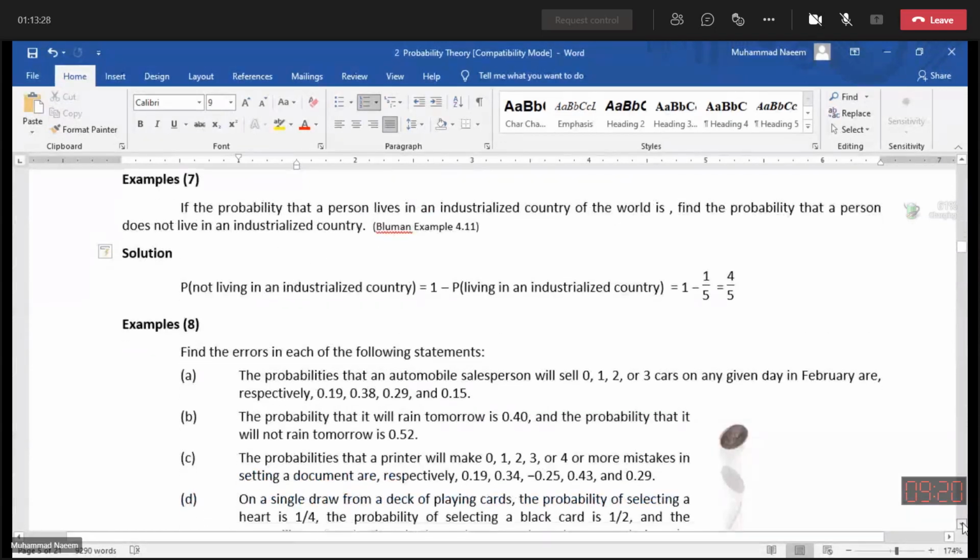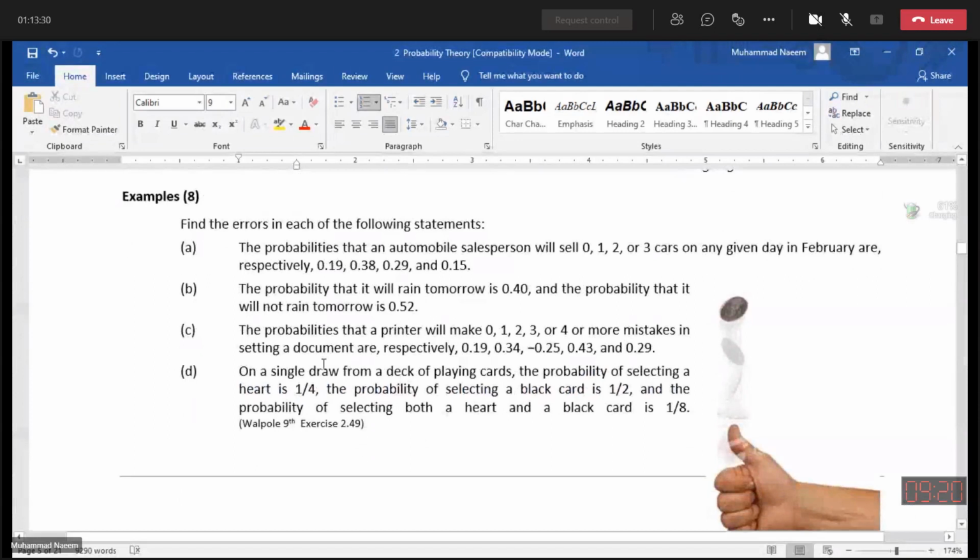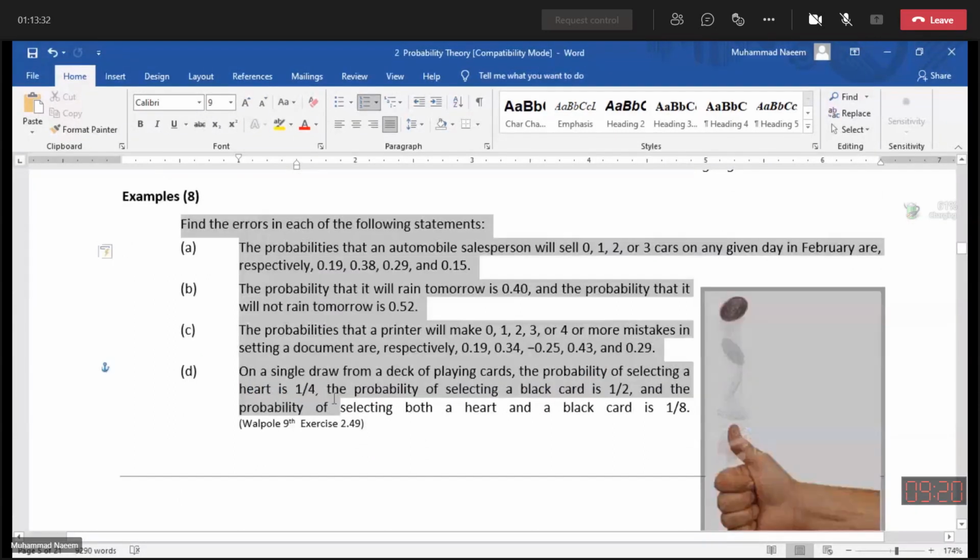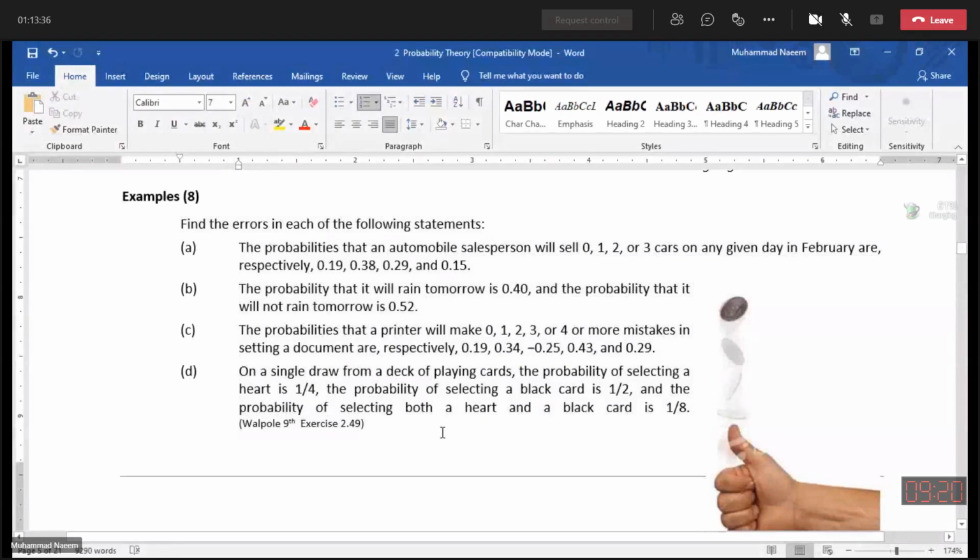Yes, in this example, find out the errors. In the first example, how we find these errors.